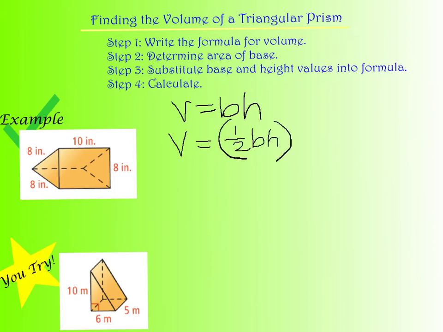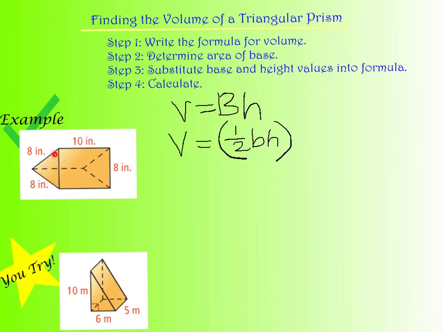Don't confuse this base and height for the base and the height for volume. The base for volume stands for area of the base. And the area of the base is found by taking the base of that triangle and multiplying it by the height of that triangle. So again, let's not be confused there.